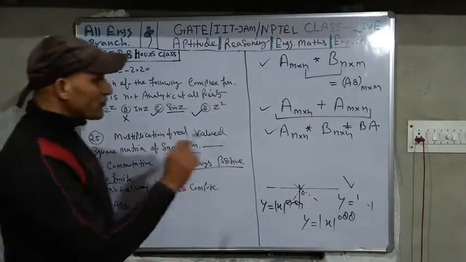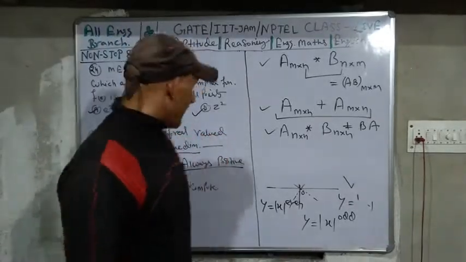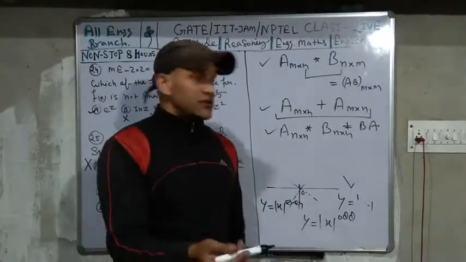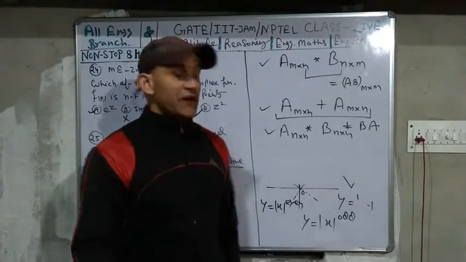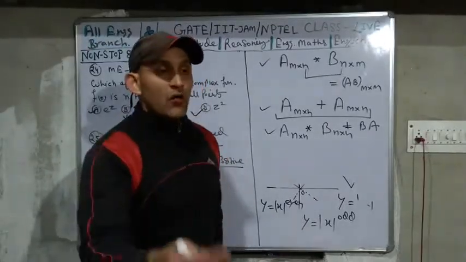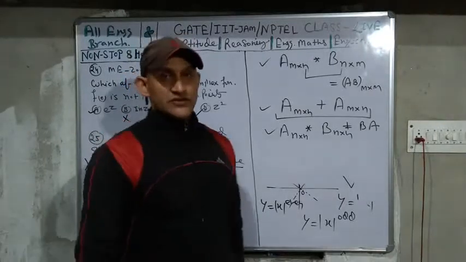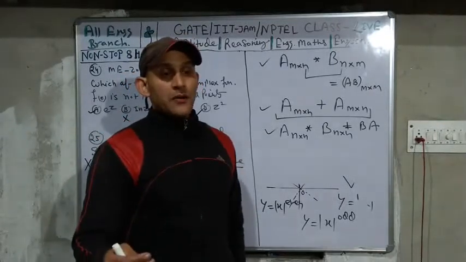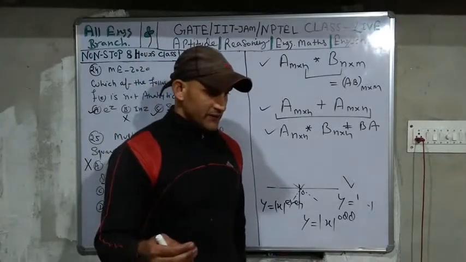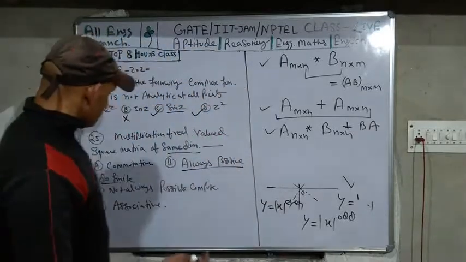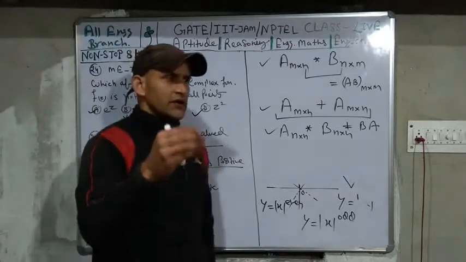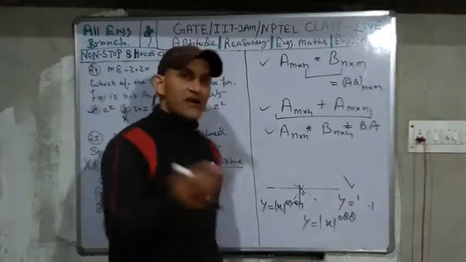Now the second one is always positive definite. If you multiply two matrices, will it give you a positive definite matrix? What is the meaning of positive definite? If all eigenvalues are positive, then such a matrix is positive definite. If you multiply two matrices, it is not necessary that you will get a matrix whose eigenvalues are all positive.